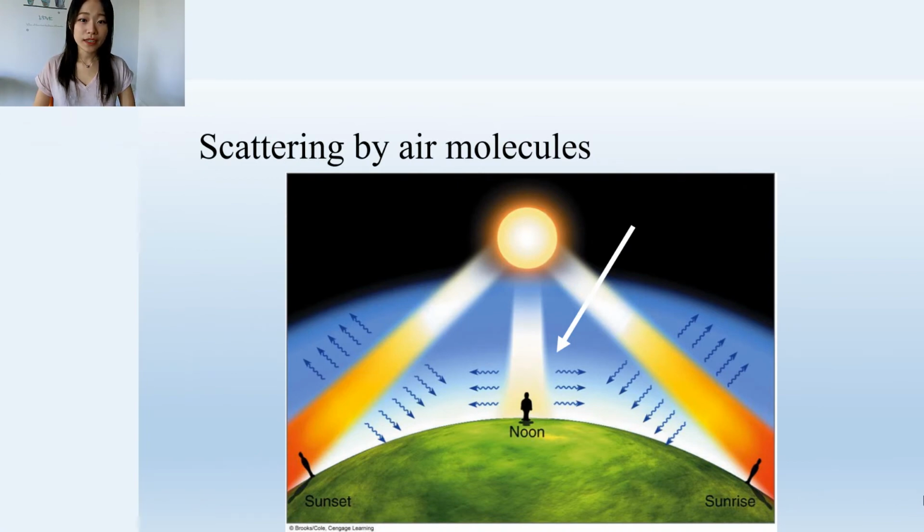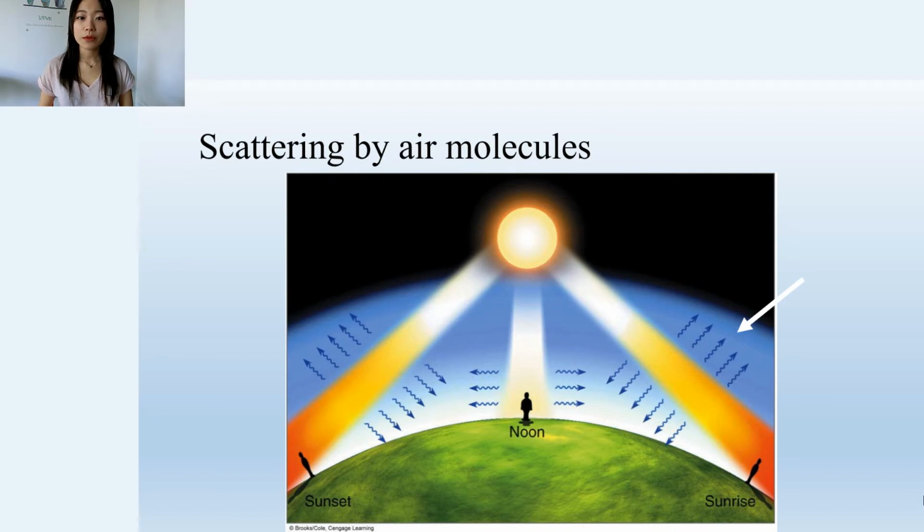When it's at noon, it takes a shorter path for the solar radiation to reach the surface of the Earth. Less blue light will scatter in this case. So at noon, we'll see the sun as the combination of all the colors in the rainbow, which is white. But for sunrise and sunset, the path for the solar radiation to reach the observer is longer.